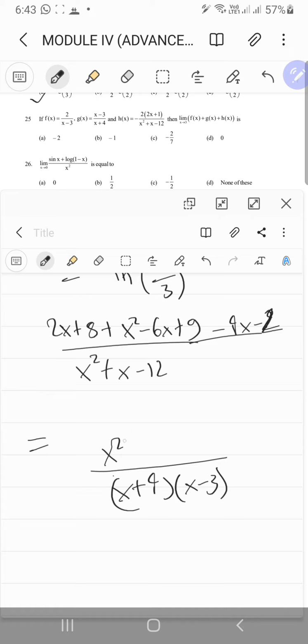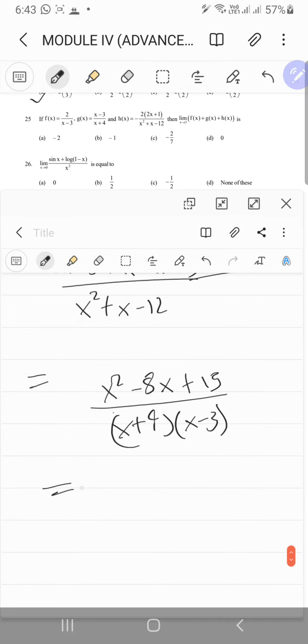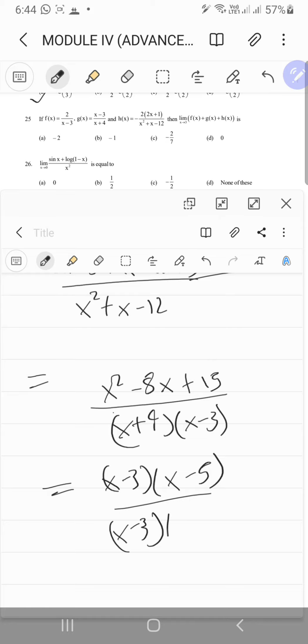Then you got minus 8x plus, 9 minus 2 is 7, 7 plus 8 is 15. Which is x minus 3 into x minus 5 upon x minus 3 into x plus 4.